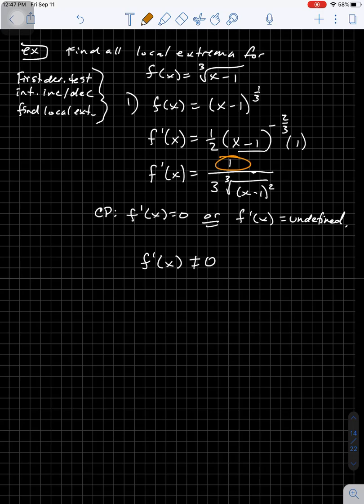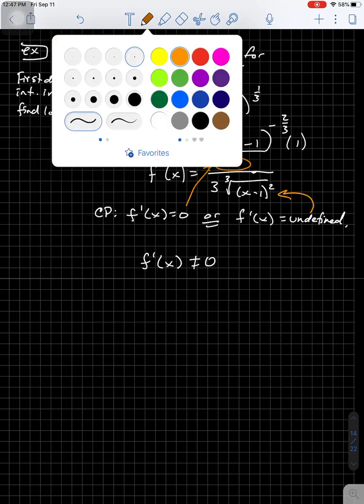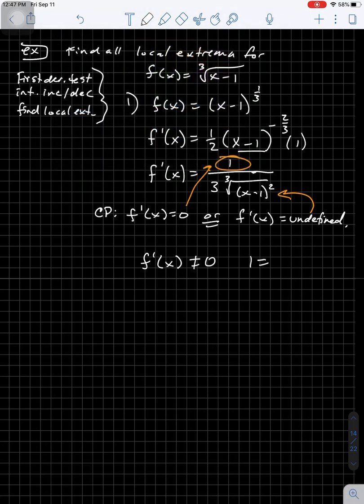Remember, a function is 0 where the numerator is 0, and it's undefined where the denominator equals 0. Anytime you have a rational function, any kind of fraction function, you look at the top to get your 0 points and your bottom to get your undefined points, and you can pull those out independently. So what I'm thinking in my head is, well, 1 doesn't equal 0, so there's no critical points off of that piece.